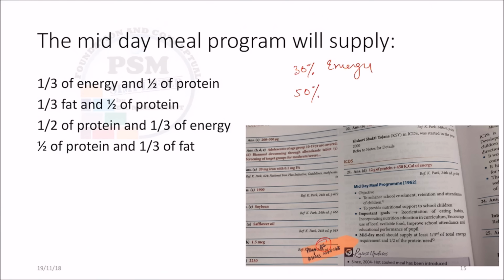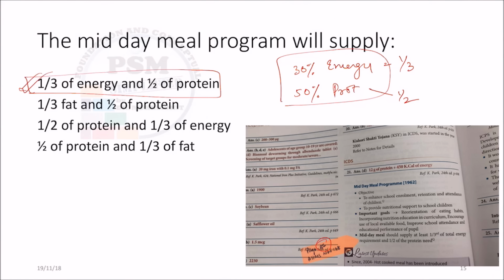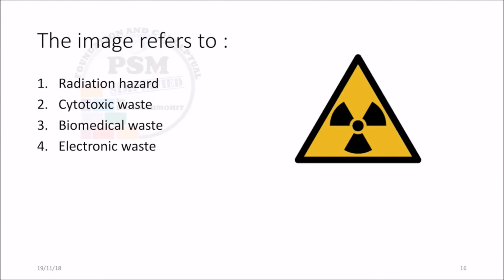So under the midday meal program it goes around one third of the energy and one half of the proteins. So we would directly mark option number 1, that is one third of energy and one half of protein. It's a very easy question.